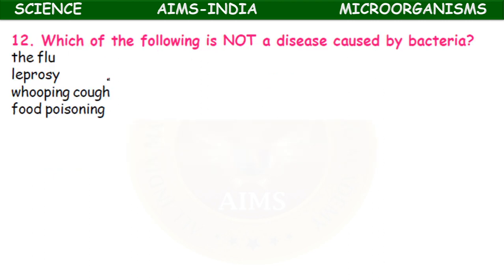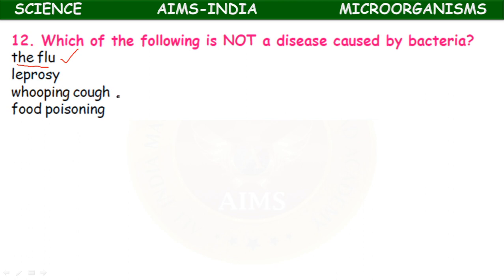next, which of the following is not a disease caused by bacteria? So here some diseases are mentioned. You have to identify the disease which is not caused by bacteria. The flu, leprosy, whooping cough, food poisoning. Okay, here the flu is actually a disease caused by a virus. Leprosy is caused by Mycobacterium leprae bacteria.